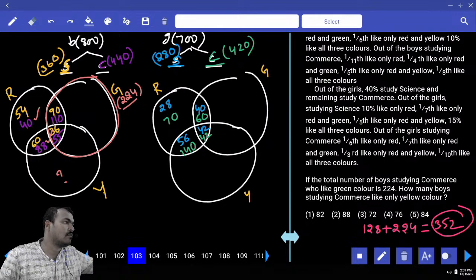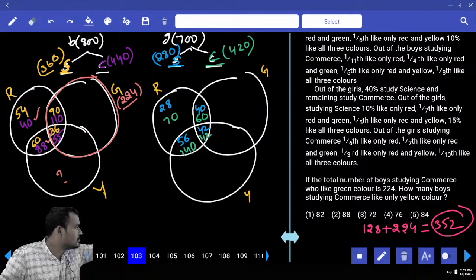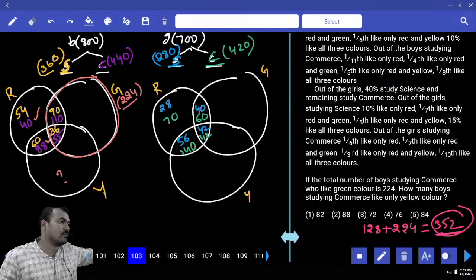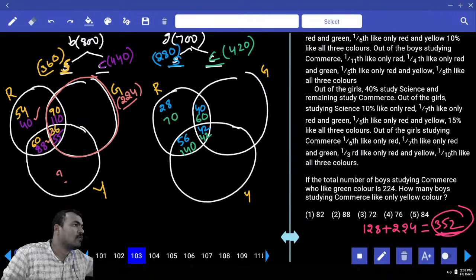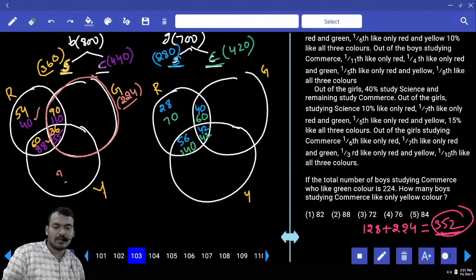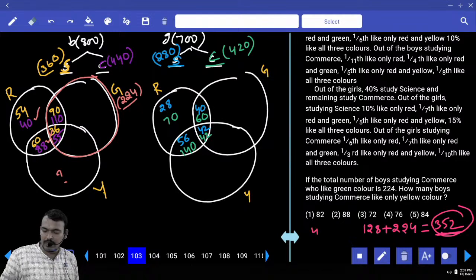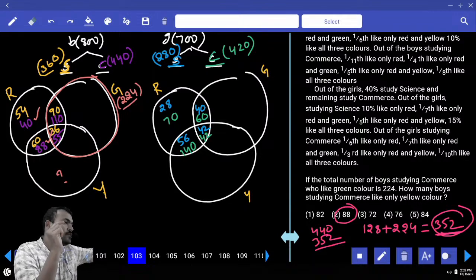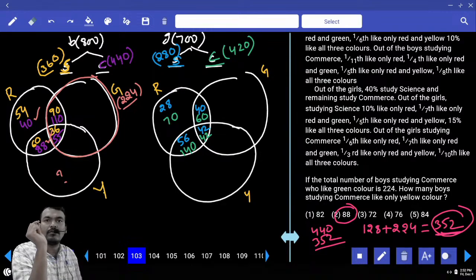Yes or no? What is the total value? 440. In that how much value is completed? 352. Means remaining must be only yellow, or not? Only yellow is how much? 440 minus 352. How much? 88. We required only yellow means total green plus these two values are added. It is subtracted from 440, or not?